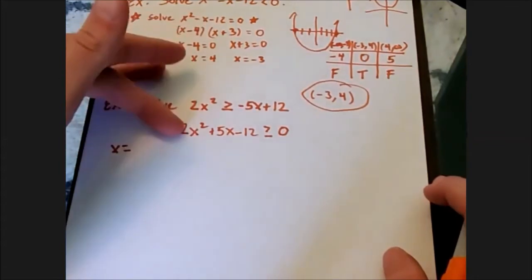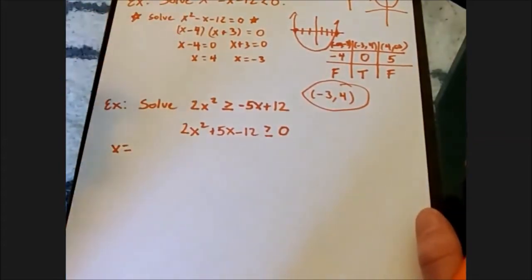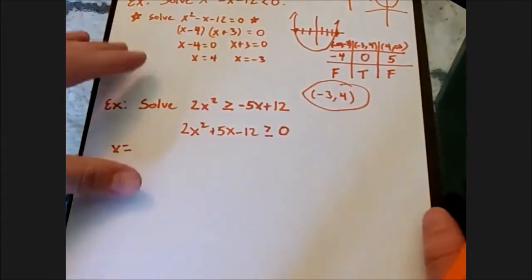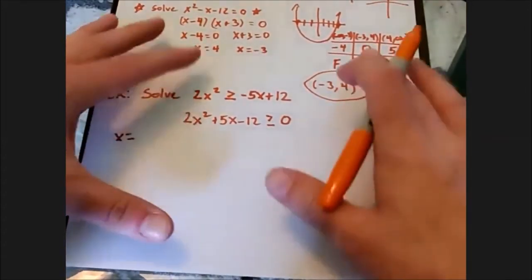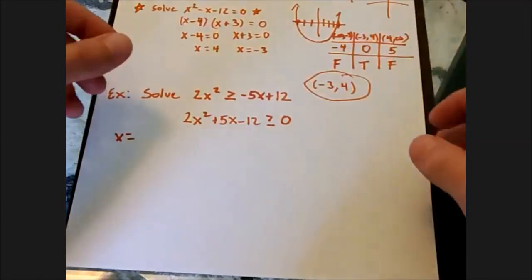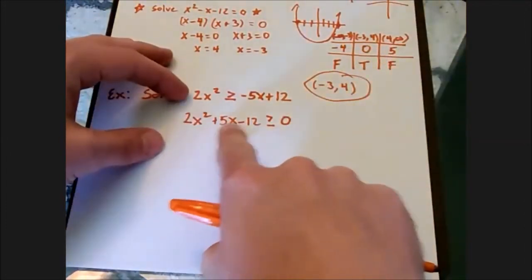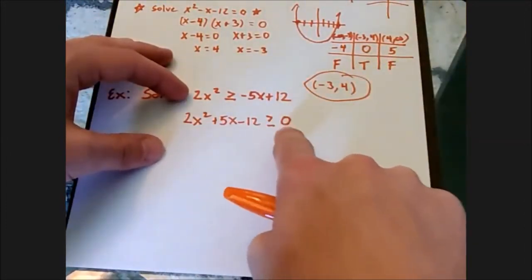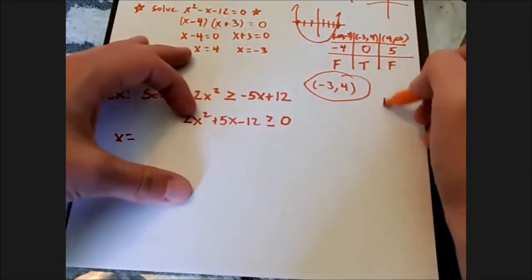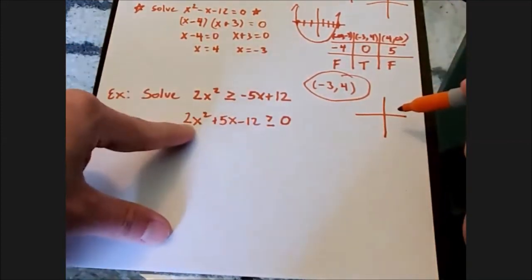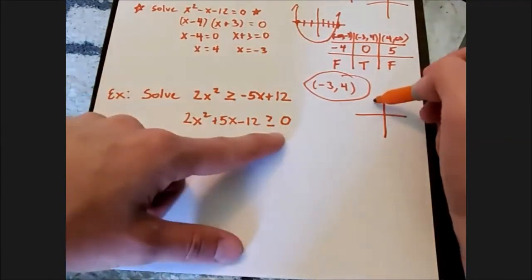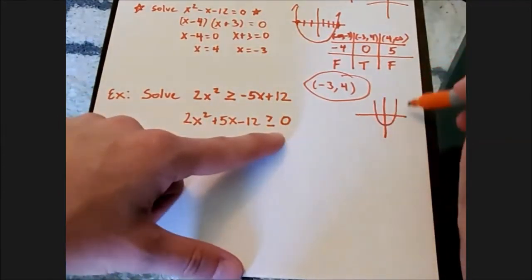As I was saying, though, this is going to require the quadratic formula. That's probably the easiest, most direct route to get to the solutions, which is the first step of finding the interval where, in this case, the parabola is above the 0. So again, just a quick sketch. I don't know what my answers are yet, but this is a skinny parabola that opens up, and I want to know when it is above 0.